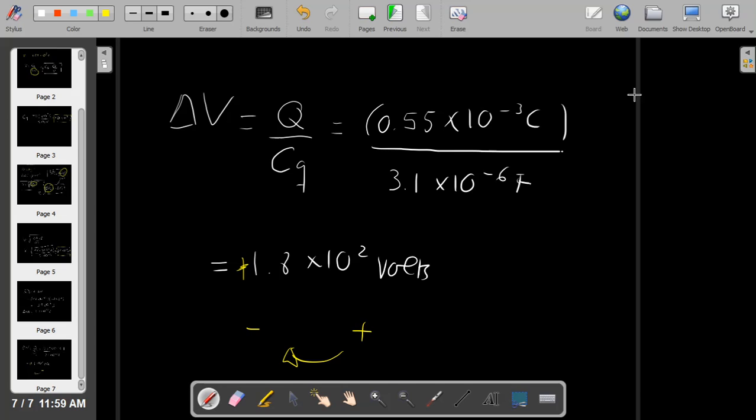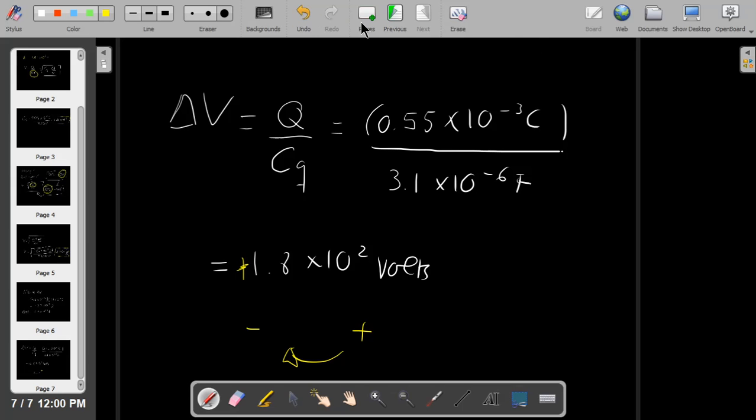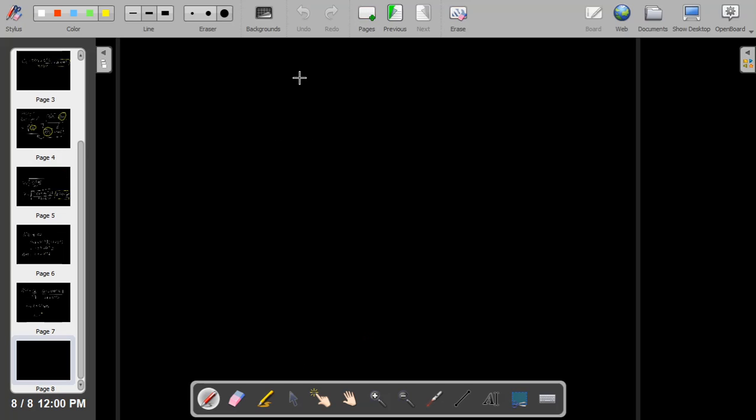So now that you have done this example with me, let's try 9 and 10 to see how this works. Let me get my solutions module so I can just write your answer, and if you get the answer correctly, you can move on. You don't have to do this.